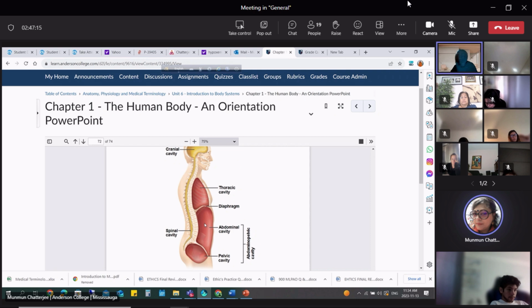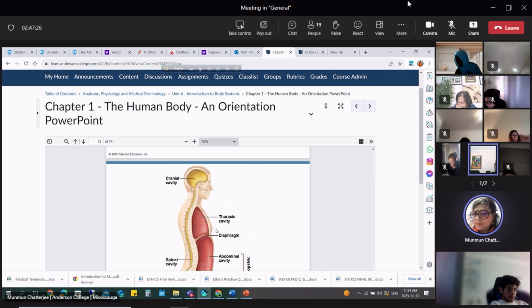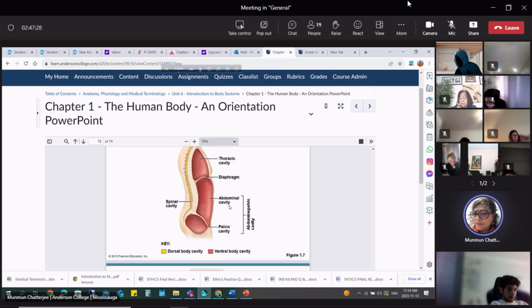This is called the dorsal cavity, and this is called the ventral cavity. In the ventral cavity, we have the abdominal cavity and pelvic cavity, so it's called the abdominopelvic cavity.